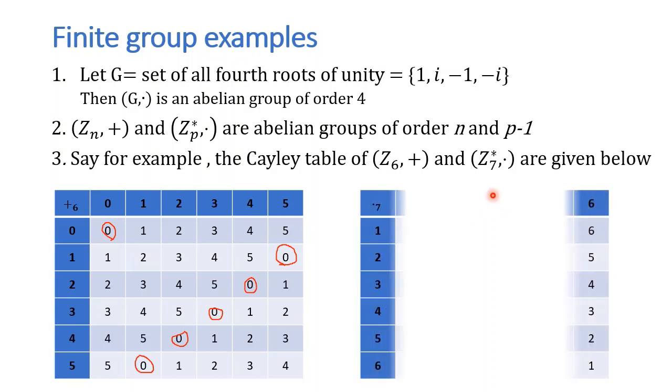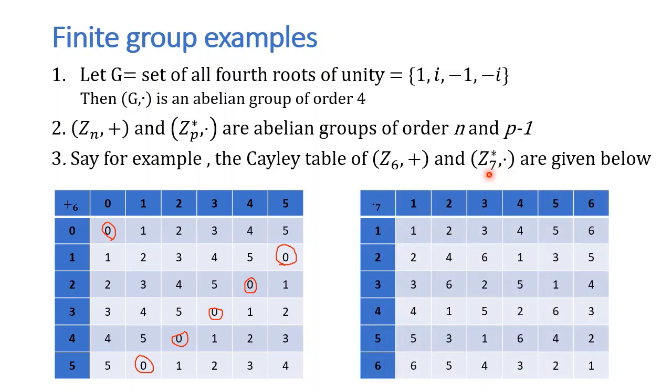Similarly, for Z7 star, the elements of Z7 are 0, 1, 2, 3, up to 6. Since you have mentioned star, you leave out the element 0. And here you find the value by multiplying these two and taking the remainder when divided by 7.